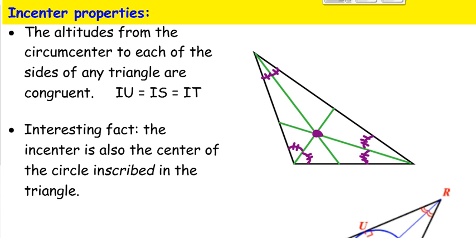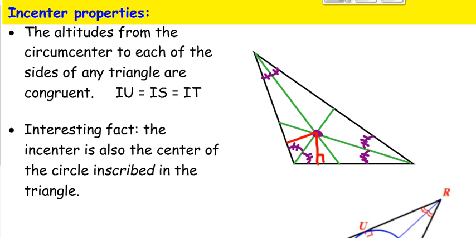All right, the property says if I drop an altitude from the incenter to each of the sides of the triangle, those will be congruent. So an altitude is the vertical drop, the shortest distance from a point to a line. All right, so the vertical drop on this guy is going to be from here to here. That's the altitude of that guy. And these are just approximations again.